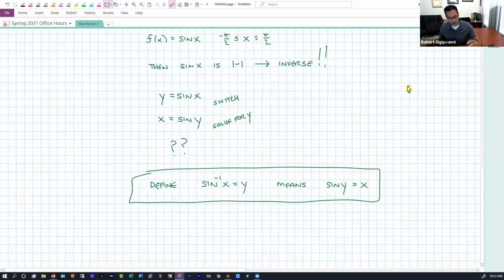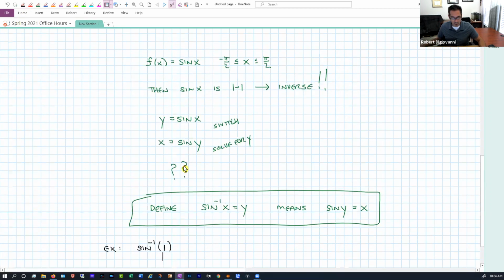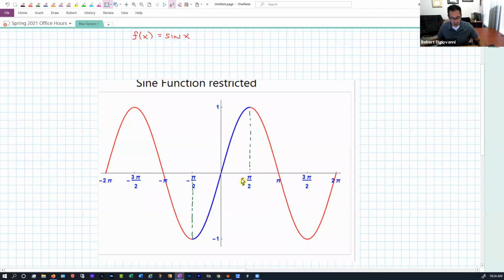So as an example, if I write this down, what is sine inverse of 1? Like, what does this mean? That's what we need to figure out right now. It means that when we look at the graph of the sine function, we're trying to figure out where the output was 1 and what angle that came from.